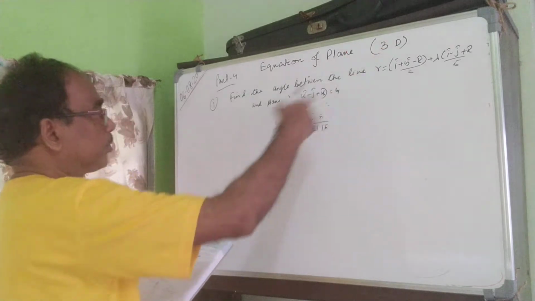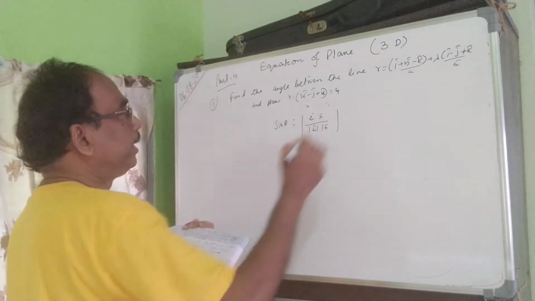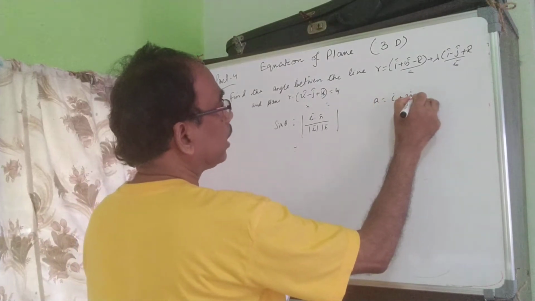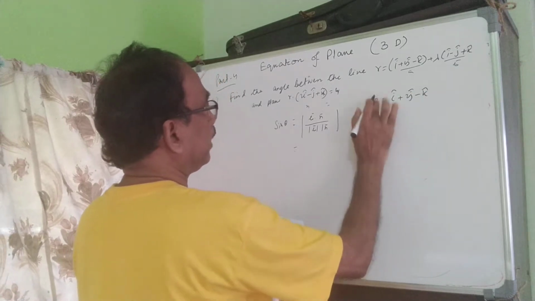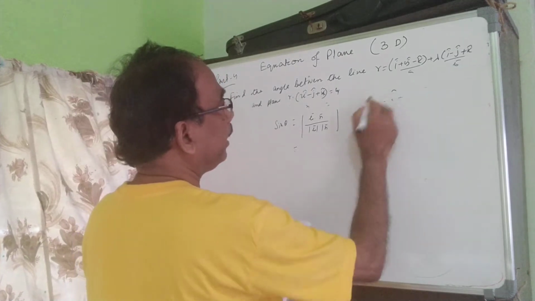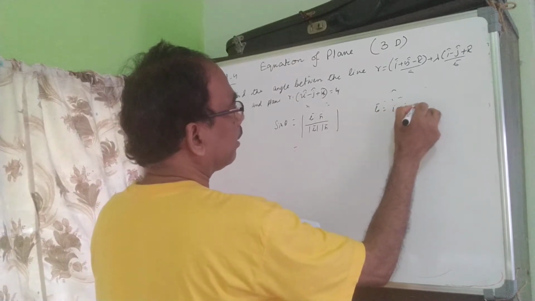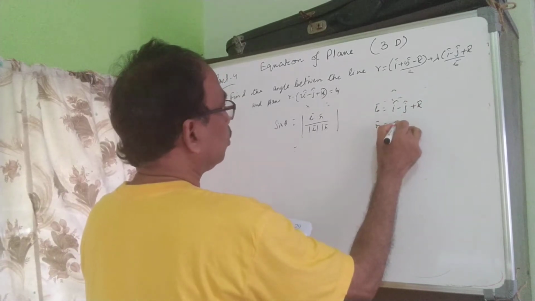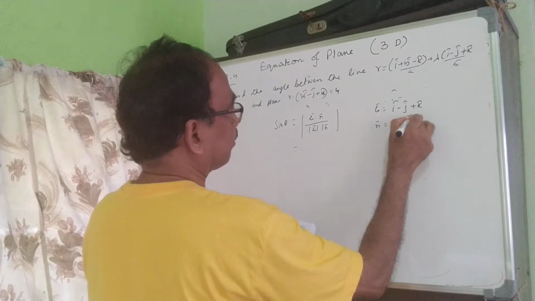That is the formula for the angle between a straight line and a plane. Here a equals i plus 2j minus k, b equals i minus j plus k, and n equals 2i minus j plus k.